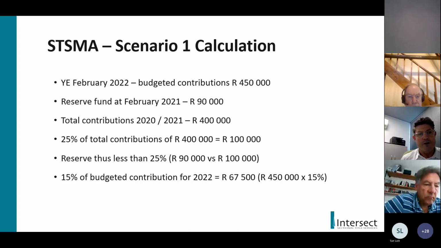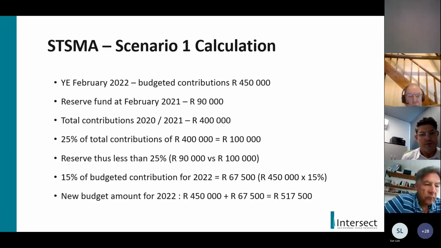So in other words, the body corporate therefore has to budget for the 2022 financial year the 450,000 Rand that they initially were going to budget, plus 67,500. In other words, 517,500. And again, you've got to look at your maintenance reserve and see how much reserves you have, which will also assist you with deciding or coming to the point where you either have to add this or not add it, depending on what your reserves are for your maintenance.